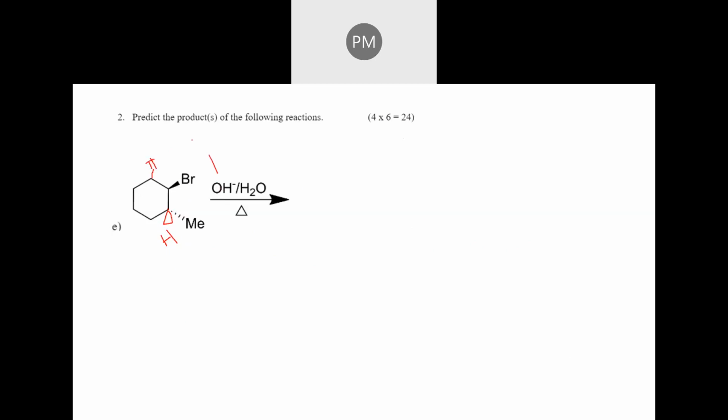So now this OH minus will abstract this hydrogen. So only one E2 product will be favored. So now the E2 product will be like this. And below the plane is methyl.